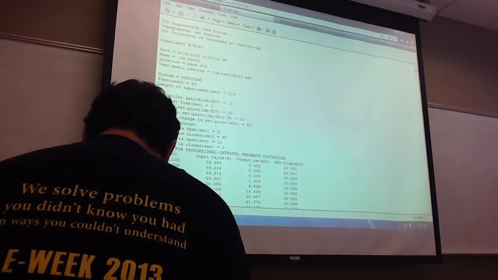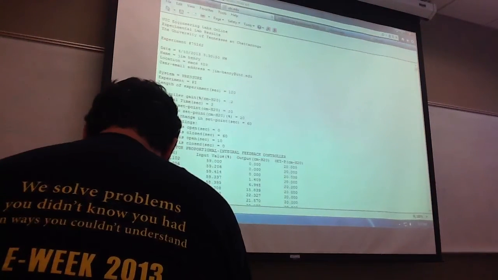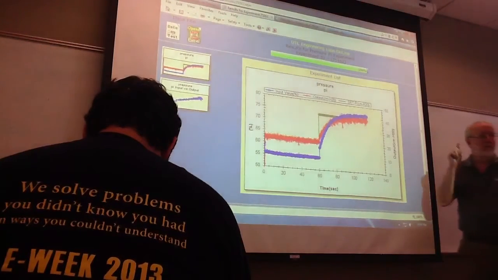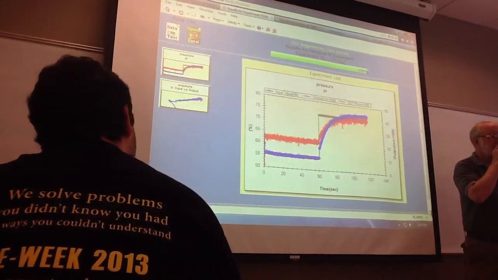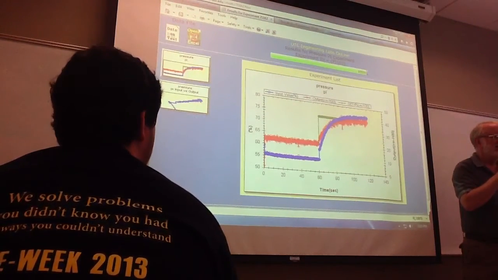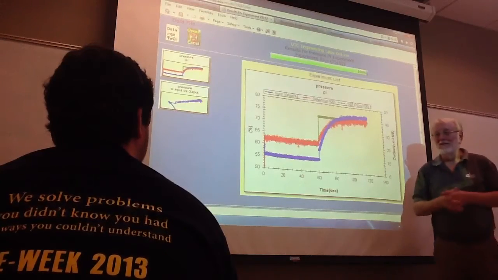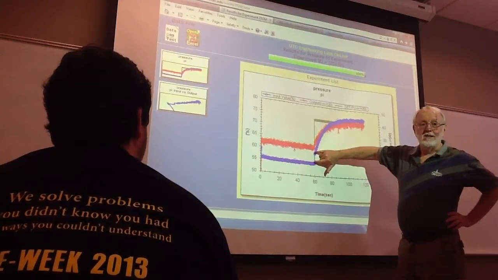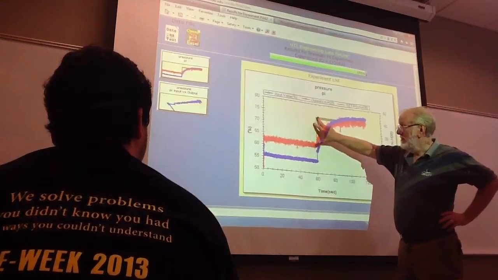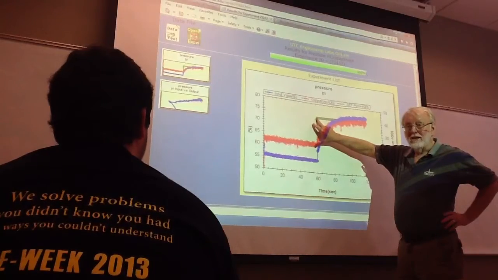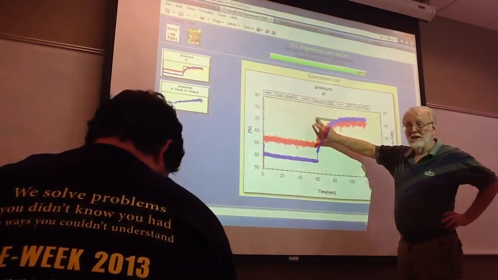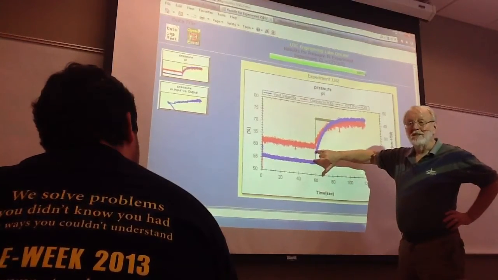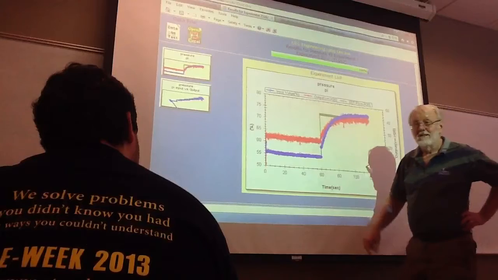K sub C was 0.2. 0.2 times 20 is how much? 4. I claim this jump is 4. The delta R, the change in set point, times K sub C gives you this jump. That's why we call it the proportional kick.